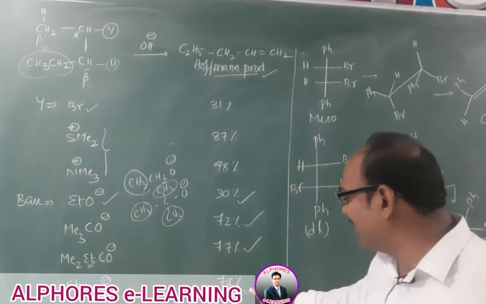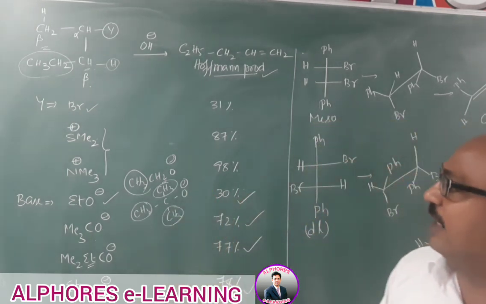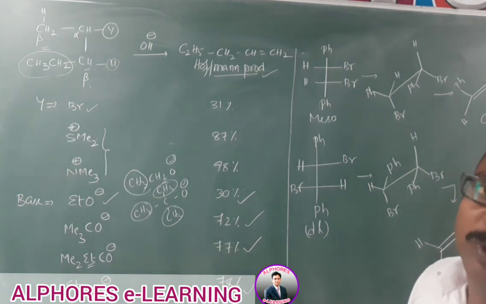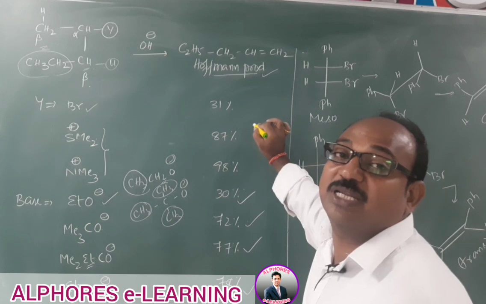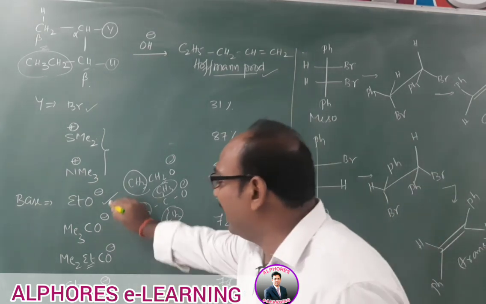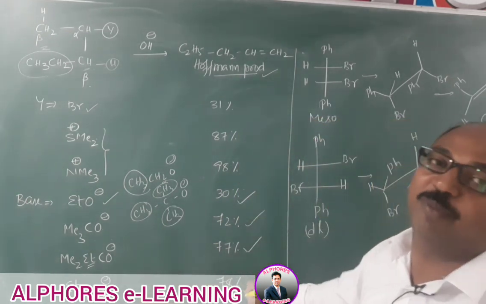Here we are getting 78%. So this experimental data clearly reveals that if the leaving group is a poor leaving group, the ability of the leaving group rules what percentage of Hofmann product we are going to get. Similarly, the bulkiness of the base also influences the percentage of Hofmann product.